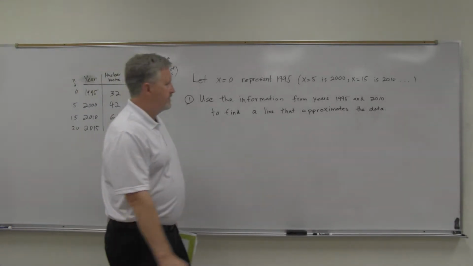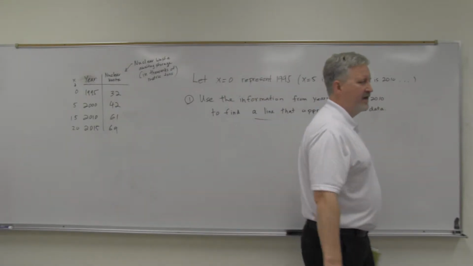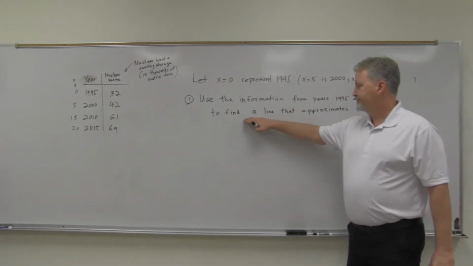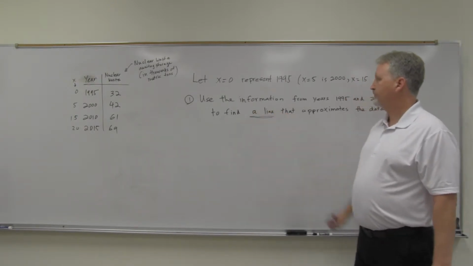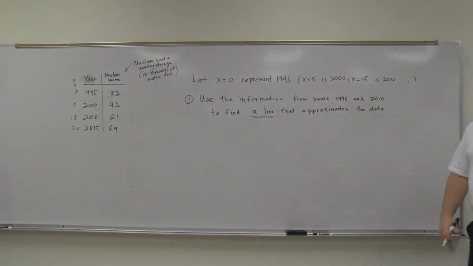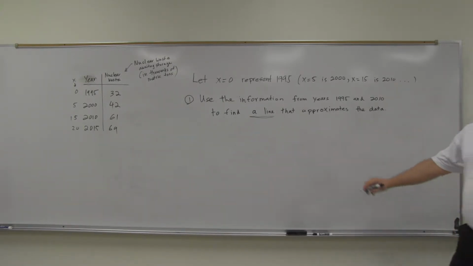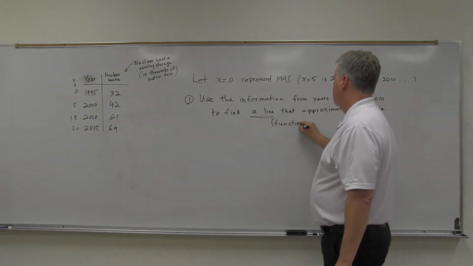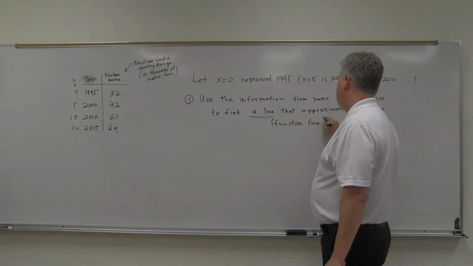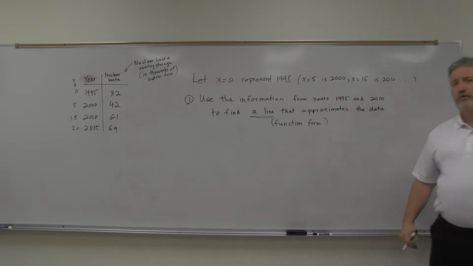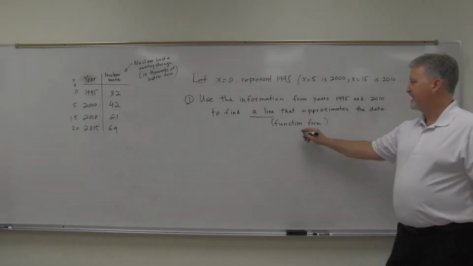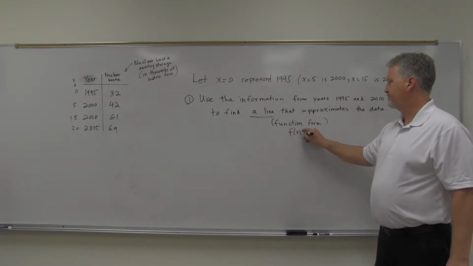All right, so again, we're after a line here. We want a line, and in this particular case, they're going to want the line in function form. And so when I think about a line in function form, that's f of x equals mx plus b.